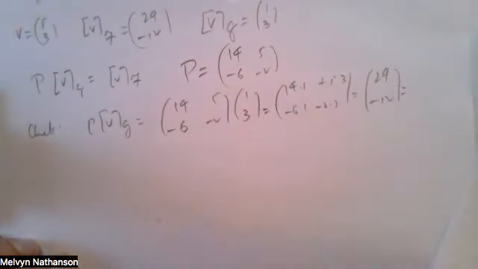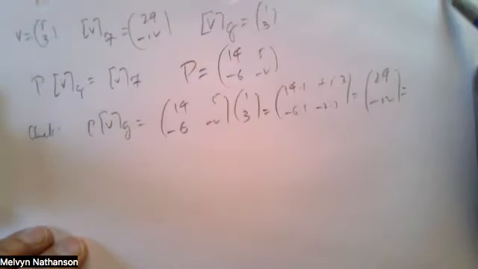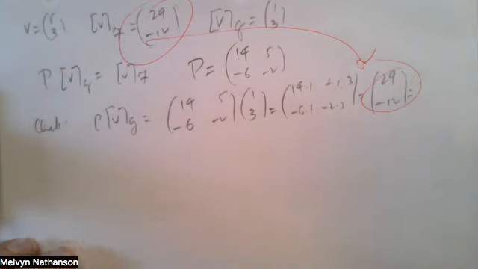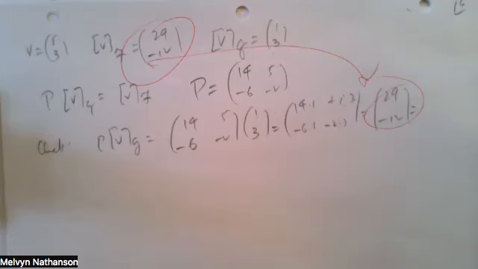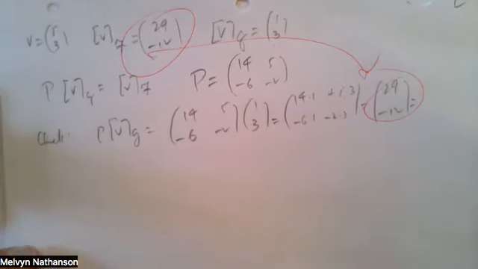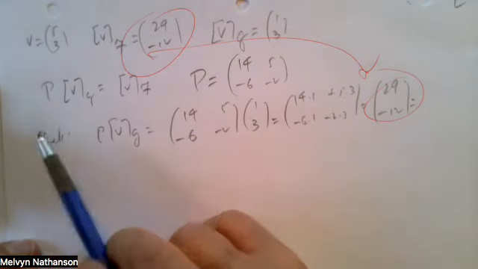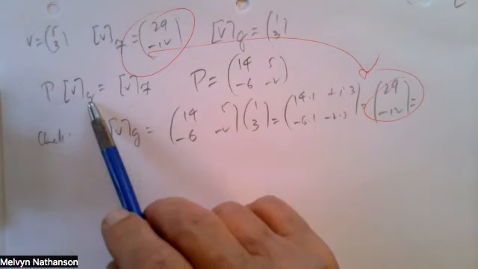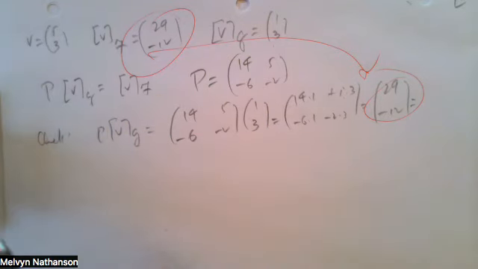And lo and behold, there is some justice in the world, and we got what we're supposed to get. Okay. So P is the change of basis matrix from the basis G to the basis F.